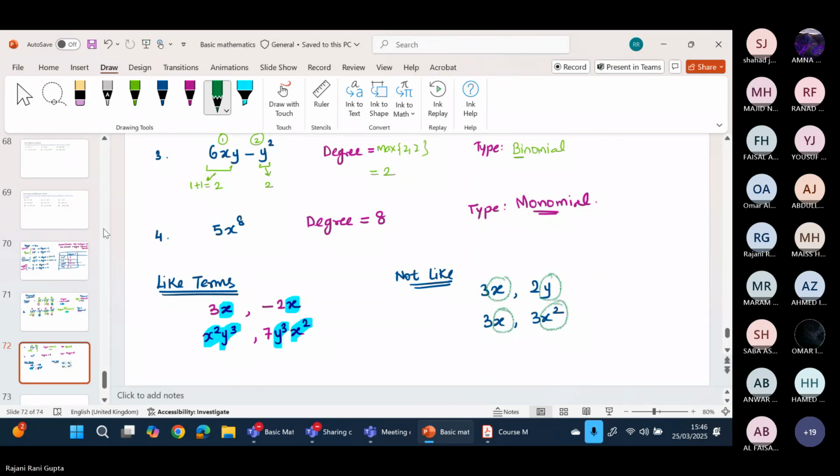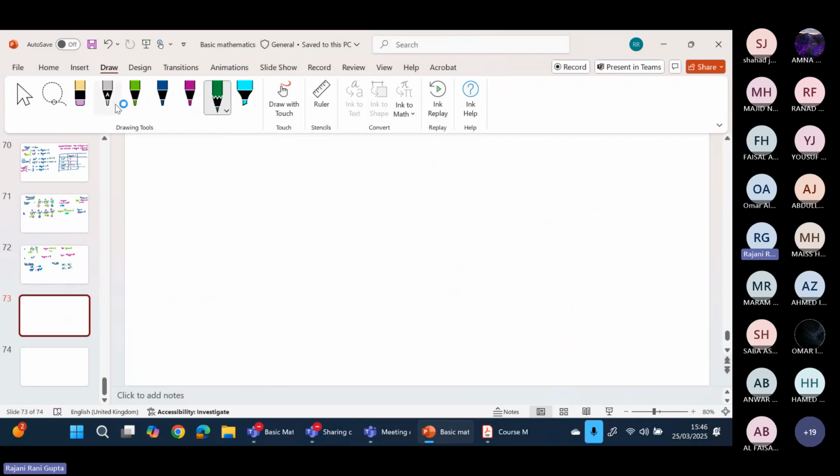Now, if they ask you to add, remember this word: add means plus. They are not going to write it like this, they will say add 2x square plus 3x minus 2 and 5x minus 7x square plus 10.